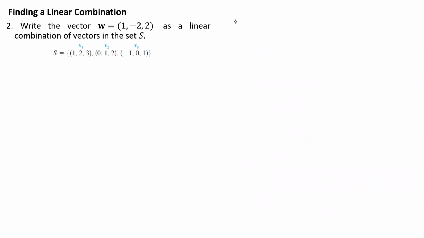So again, we want to find the scalars c sub 1, c sub 2, and c sub 3 such that 1, negative 2, 2 equals c sub 1 times 1, 2, 3, then plus c sub 2 times the second vector, and then plus c sub 3 times negative 1, 0, 1.